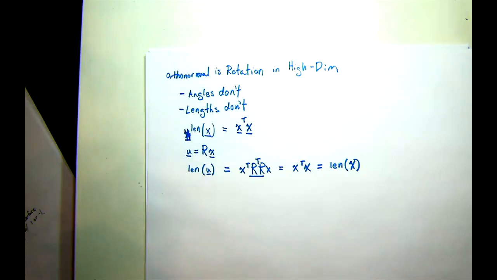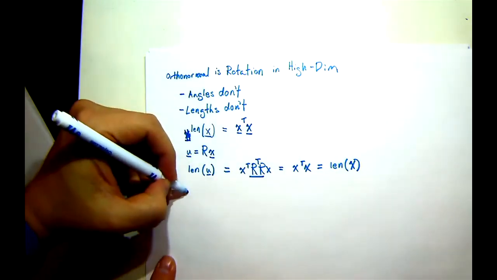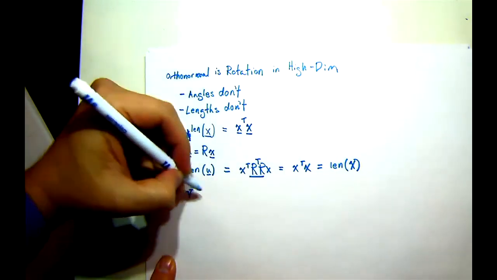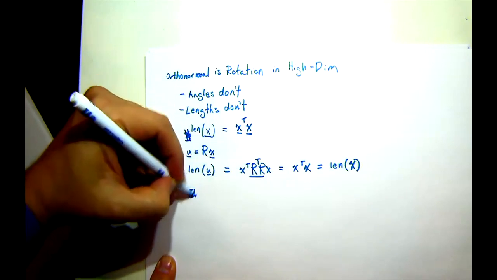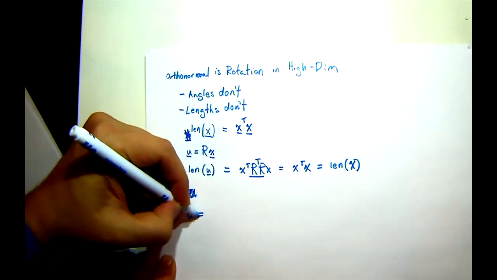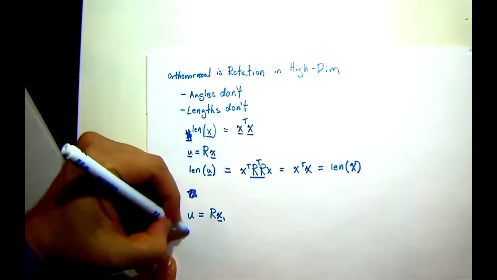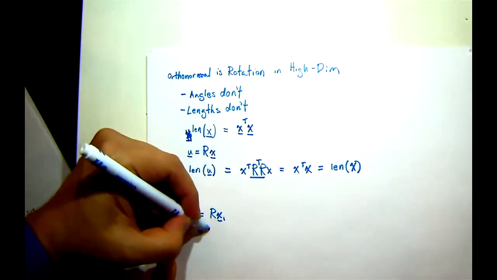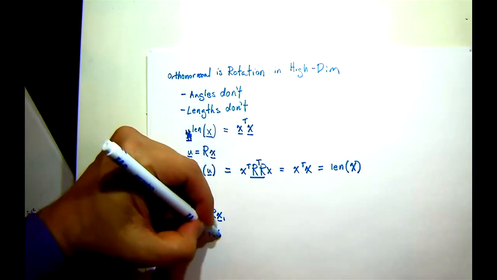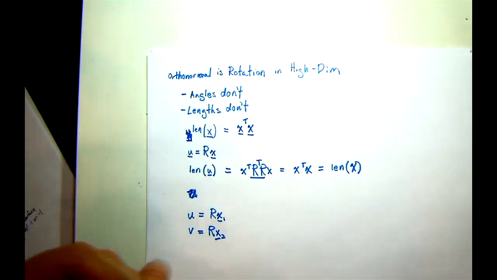Angles. If we have some u equal to the rotation of some x1, and we have some v equal to the rotation of x2, we want to make sure that that angle doesn't change.